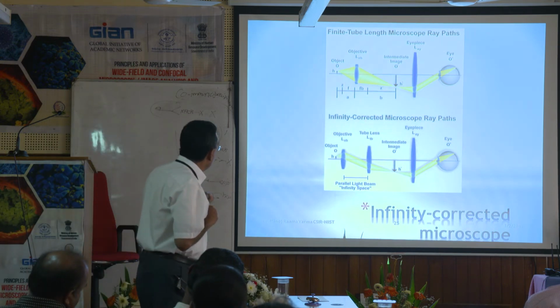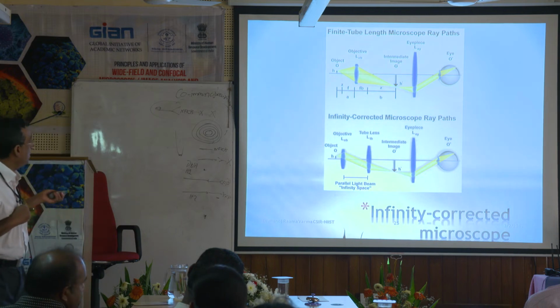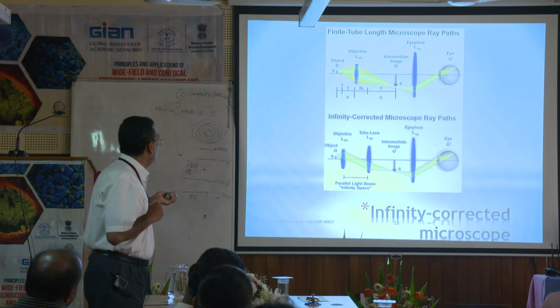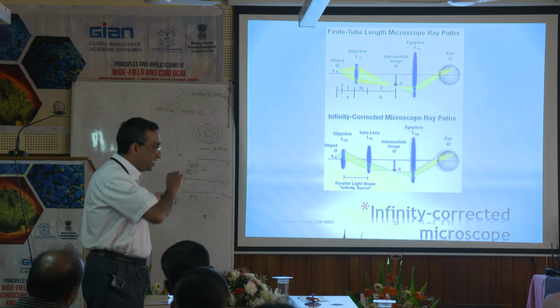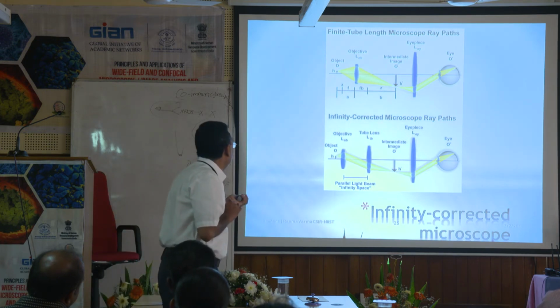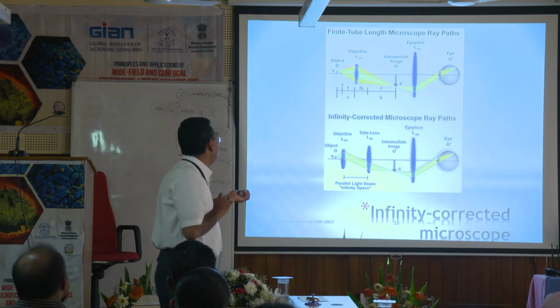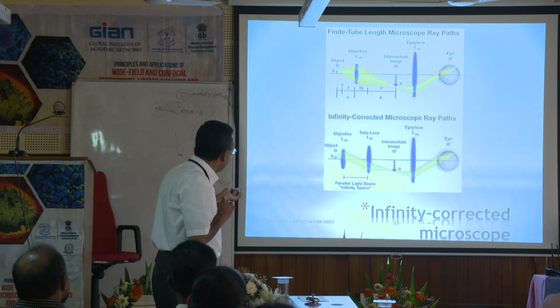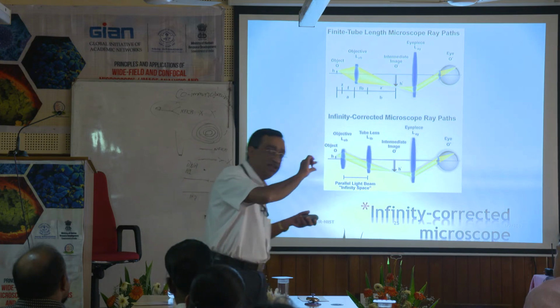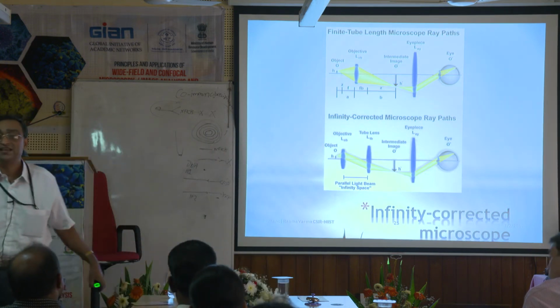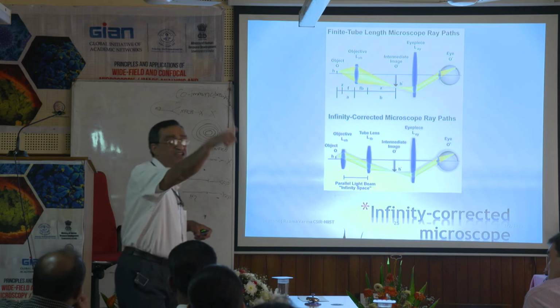Whereas on the other hand, if there is an intermediate lens and the object is placed at the focal point, then the output will be a set of parallel rays, and when these parallel rays are focused by another lens to an intermediate focal plane, what you see is the image of the object formed after making the rays parallel. When rays are parallel, we assume in optics that they are coming from infinity.